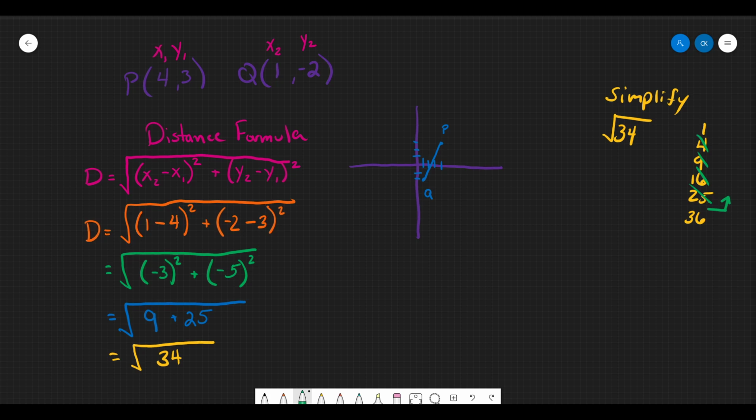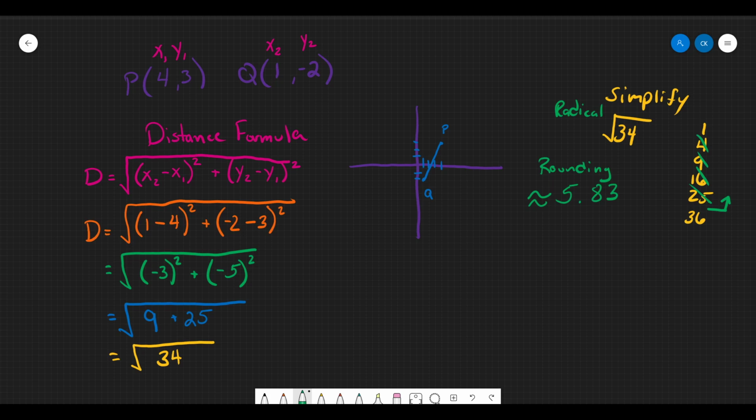If that's the case, then I just take that and plug it into the calculator, and the approximate answer when I plug in the square root of 34 is going to be approximately 5.83. And again, I will always tell you if I want you to simplify it as a radical or if I want you to round it to the nearest decimal. So this is rounding, and this is if I say simplify as a radical.